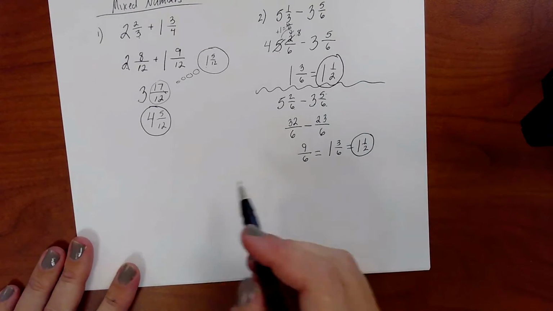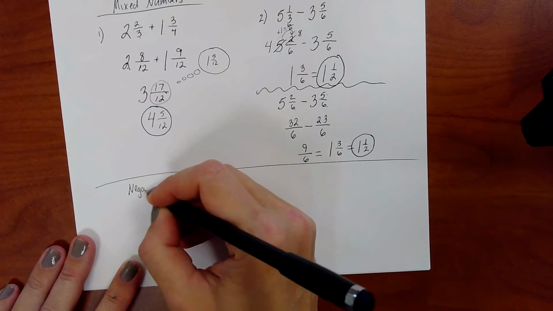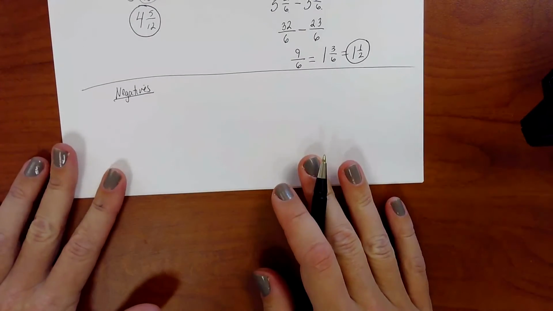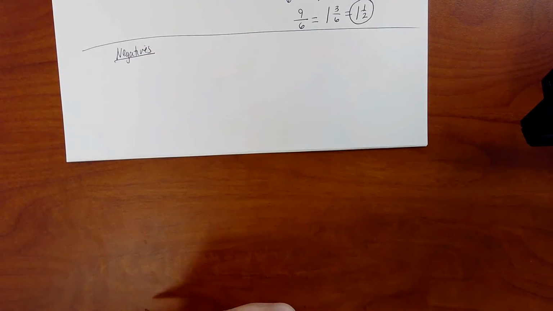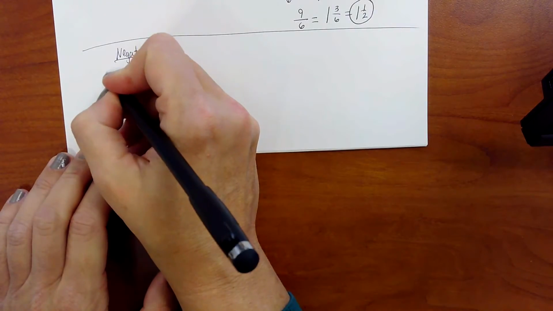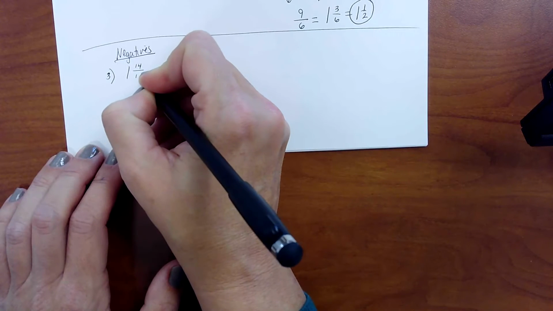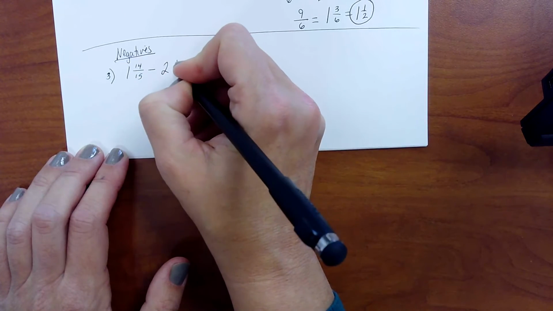Now, there's another thing you're going to have to deal with, and that's if there's negatives. Because negative fractions do exist, so we do have to deal with them. So let me show you an example here. If it was 1 and 14/15 minus 2 1/3.